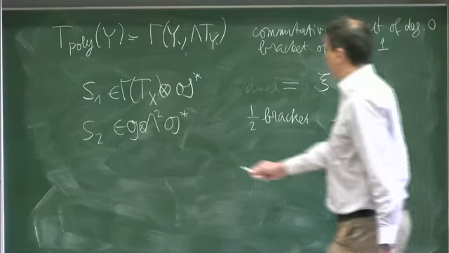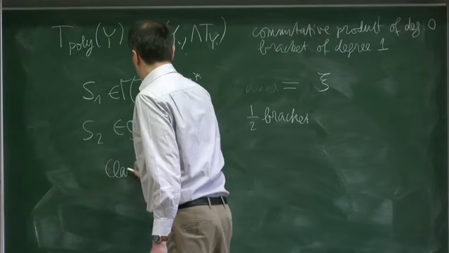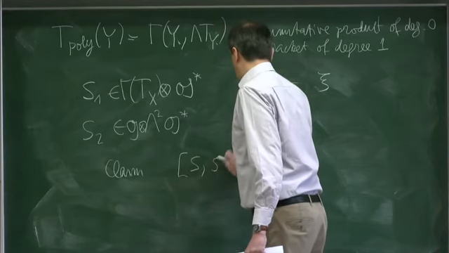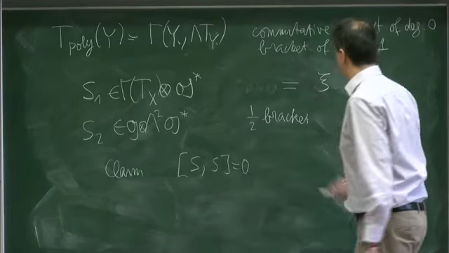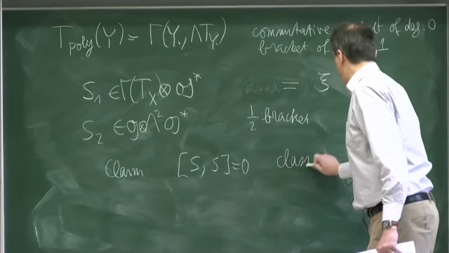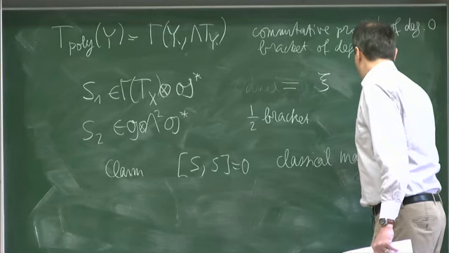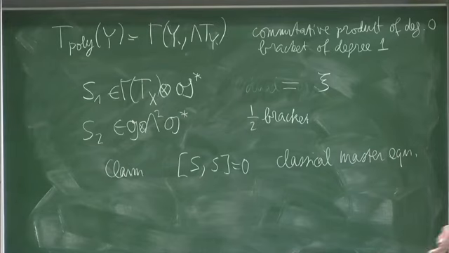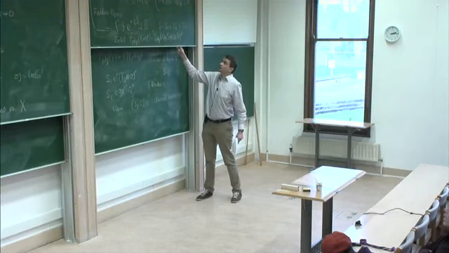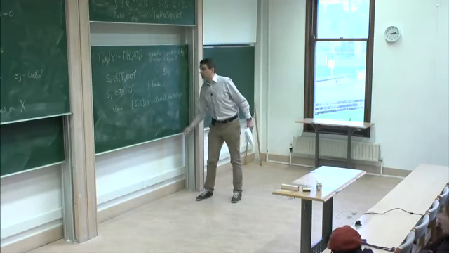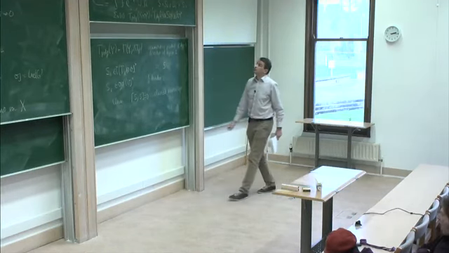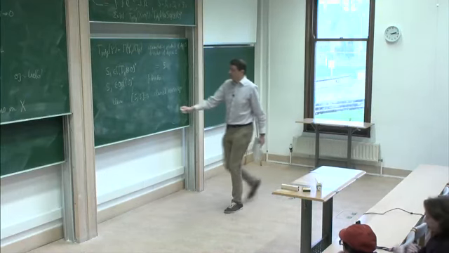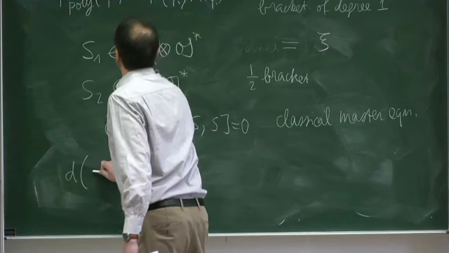And so the claim is that the bracket of S with S is equal to 0, which is the classical master equation. And now what is the quantum master equation is important. What you would like to have is that this is a closed form.